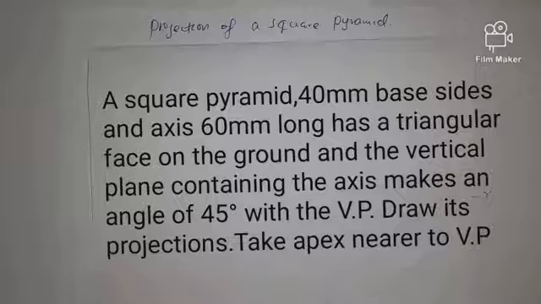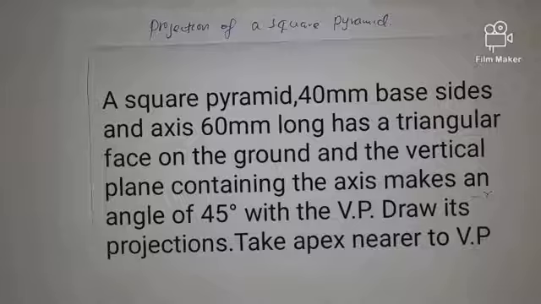And we shall be able to draw the projections on the plan. And then lastly, we shall also have another condition whereby the axis of the pyramid makes an angle of 45 degrees with the vertical plane, taking the vertex of the pyramid to be nearer the vertical plane.